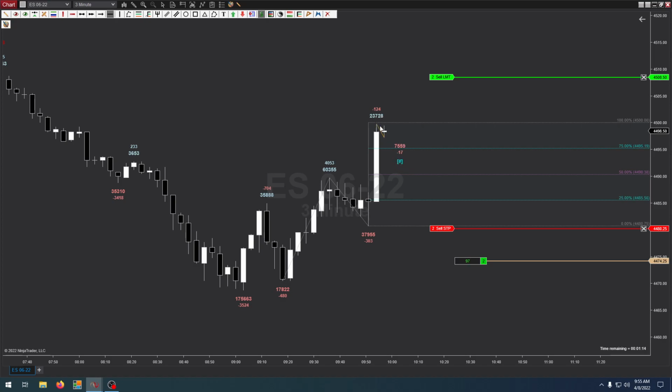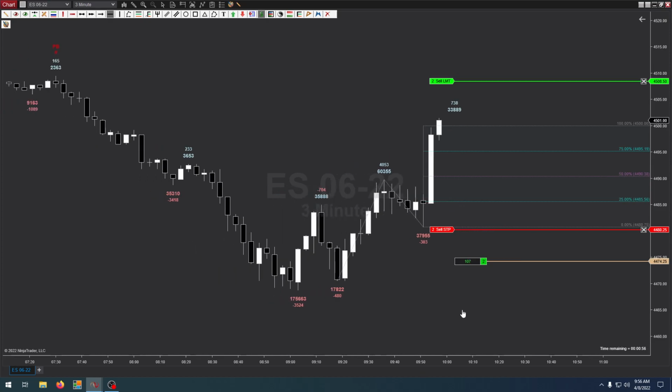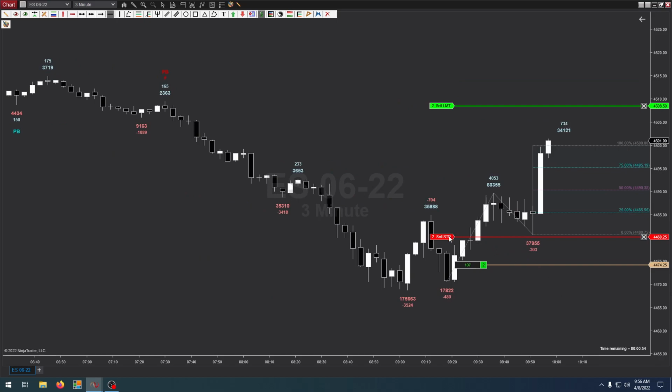So can we take out this high right here? That will be a huge question there. Okay, we did. Now, that's a good place for rotation right there too. But now we have a positive volume delta. I'm going to trail to just below point B here because I really want to give this a chance.